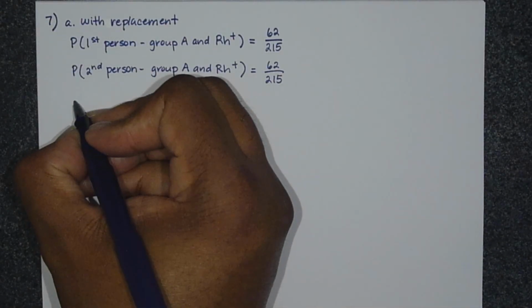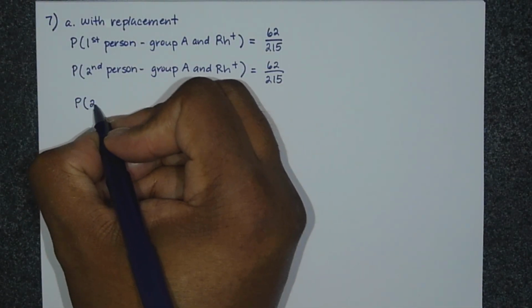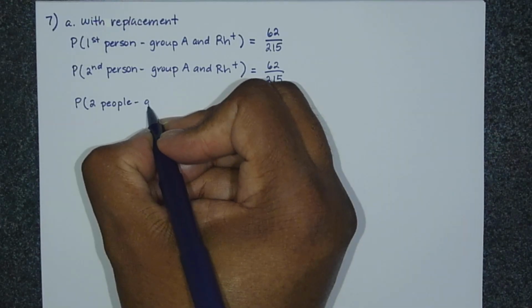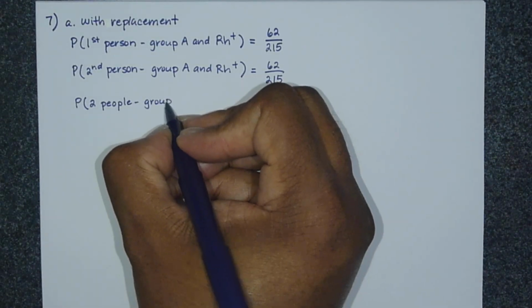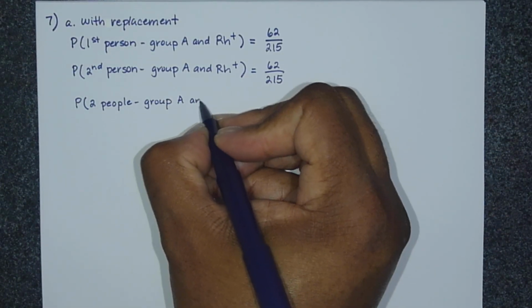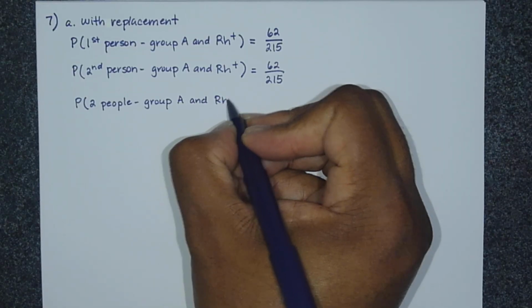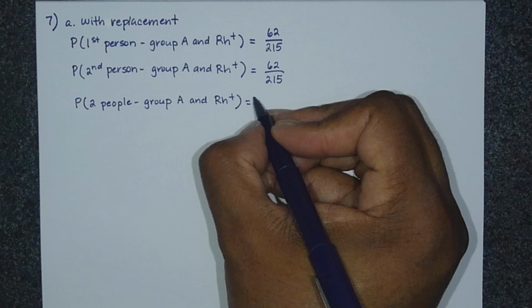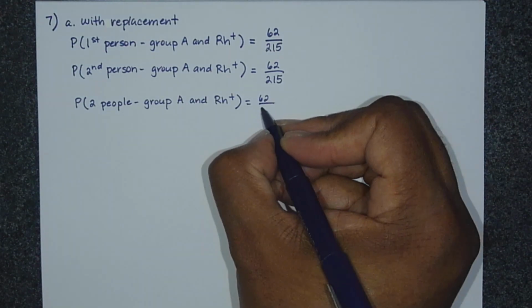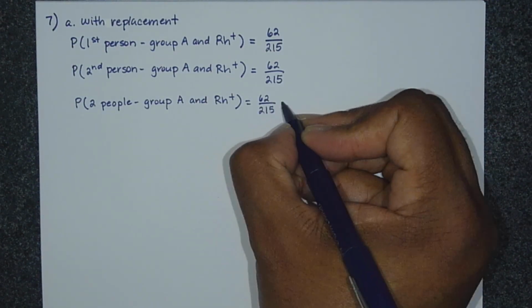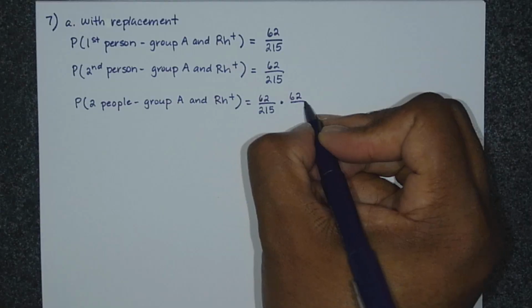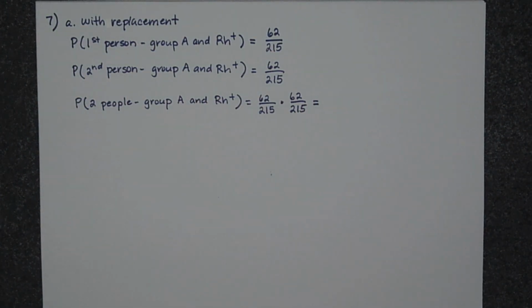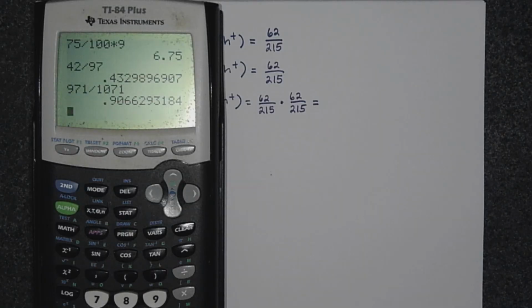So now, to find the probability that two people are from group A and type RH plus, we just multiply these two together. So it'd be 62 over 215 times 62 over 215. We're going to get a decimal value from this.